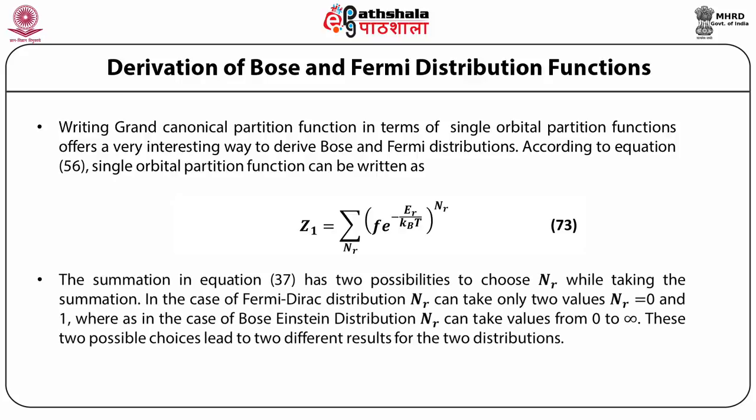The summation in equation 73 has two possibilities to choose nr while taking the summation. In the case of Fermi-Dirac distribution, nr can take only two values, nr is equal to 0 and 1. Whereas in the case of Bose-Einstein distribution, nr can take values from 0 to infinity. These two possible choices lead to two different results for the two distributions.